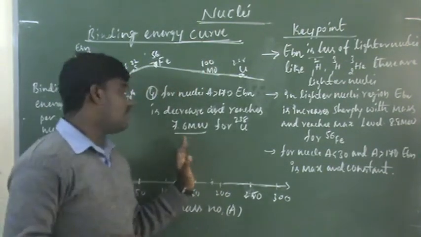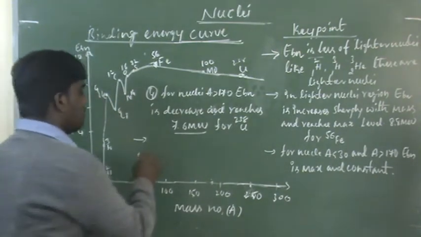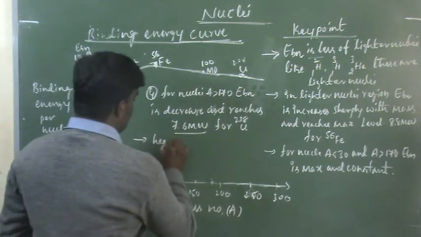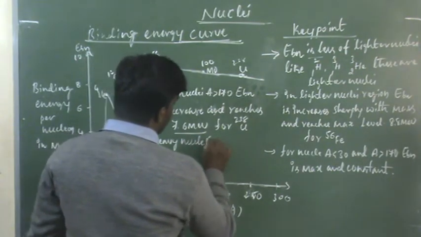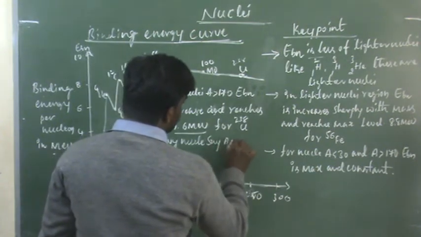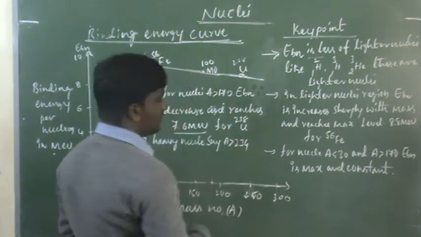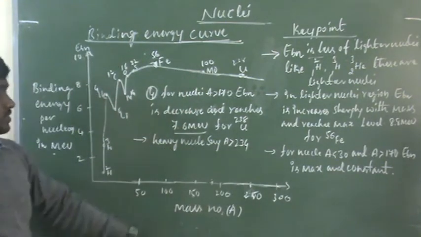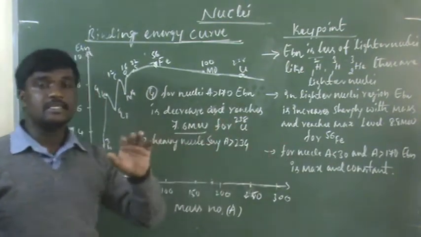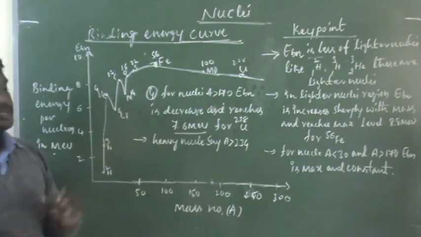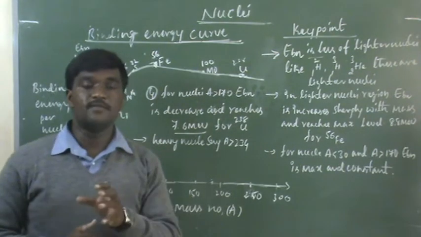That is one point. And another point, for heavy nuclei, say A is greater than 234. Binding energy per nucleon is less under nuclear fission.